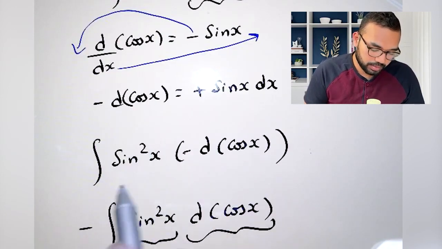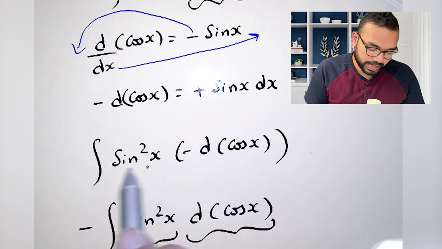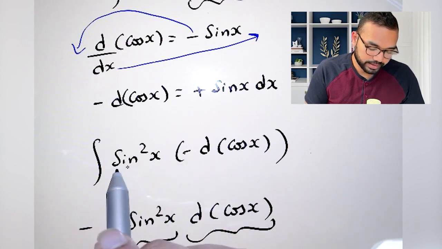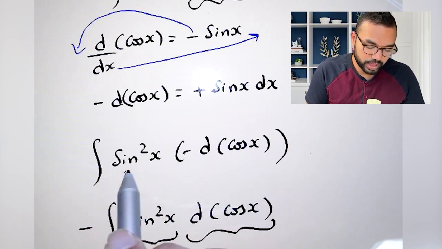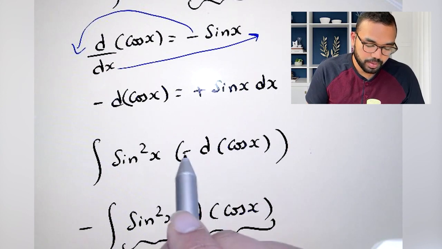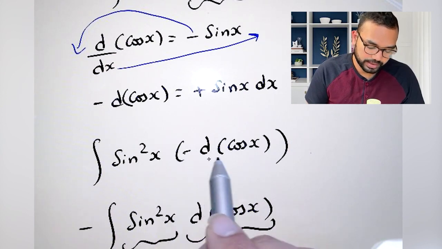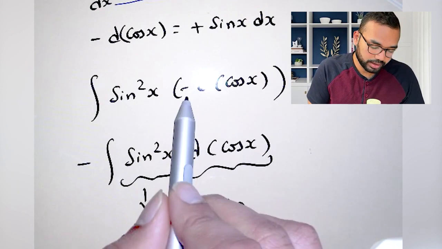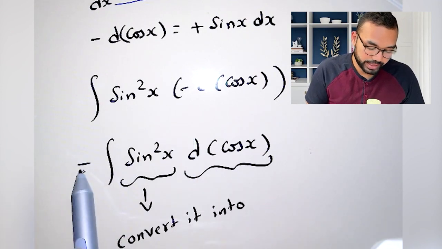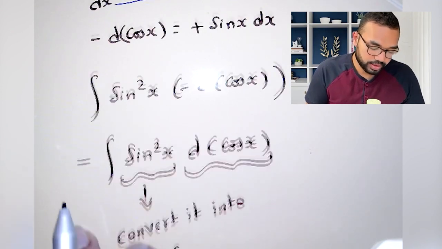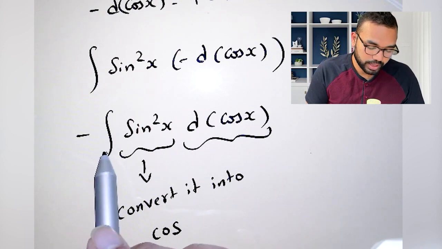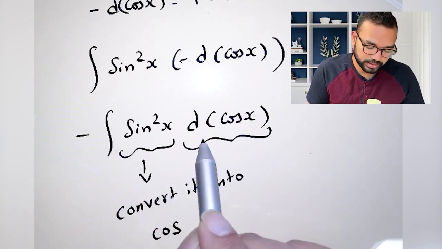And you can plug that in for sine x dx. So I just did integral of sine square x times minus d of cos x. I brought the negative sign outside of the integral, so it is minus integral sine square x d of cos x.